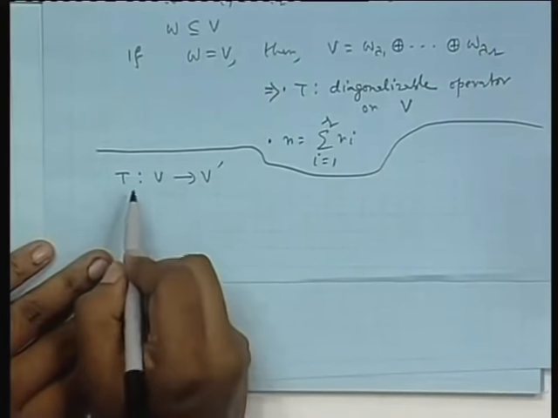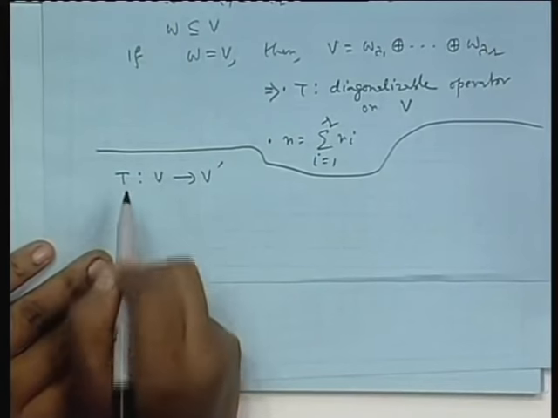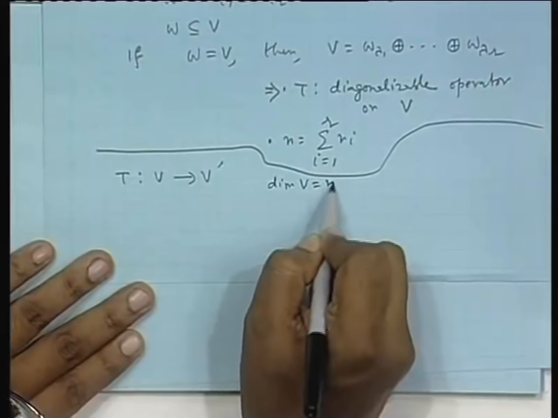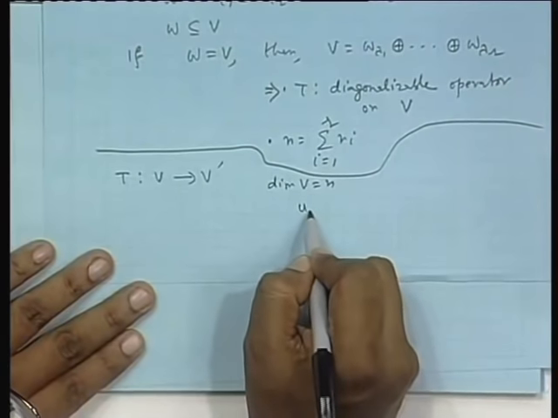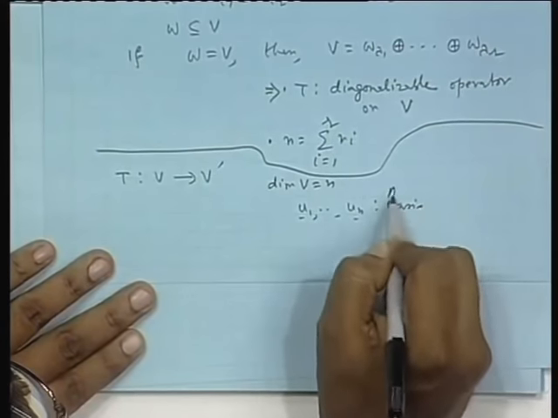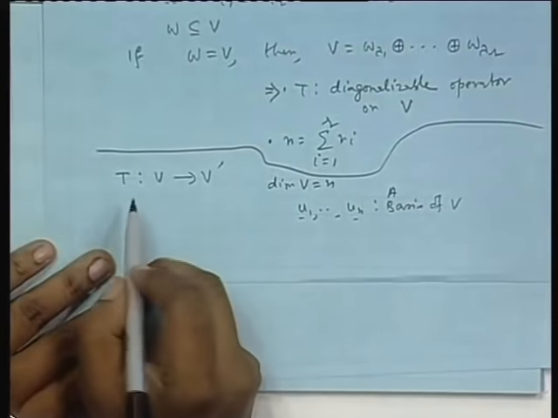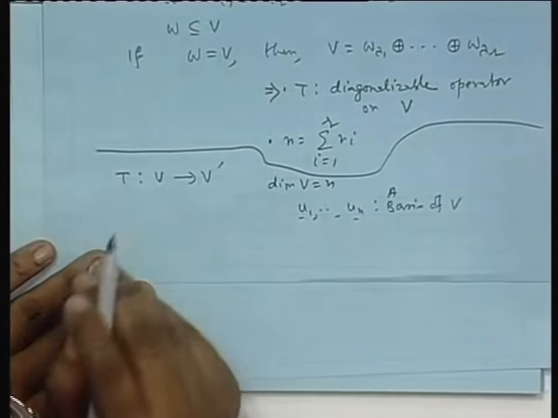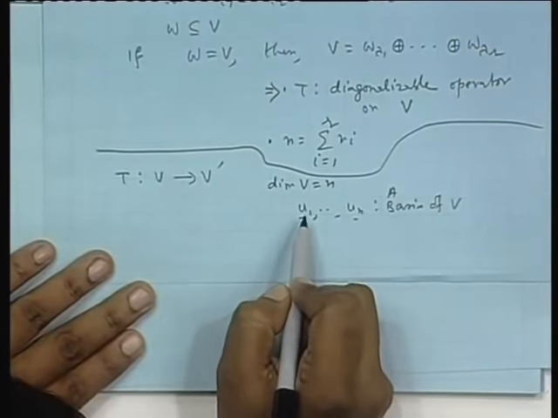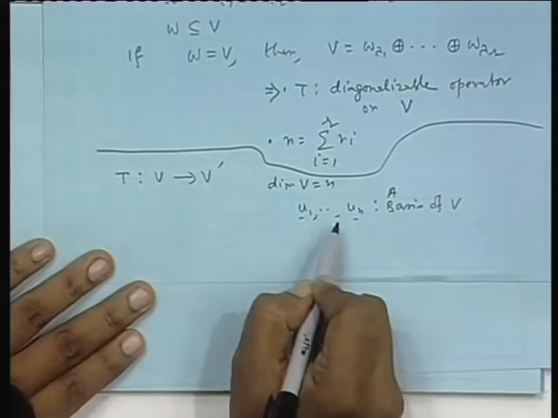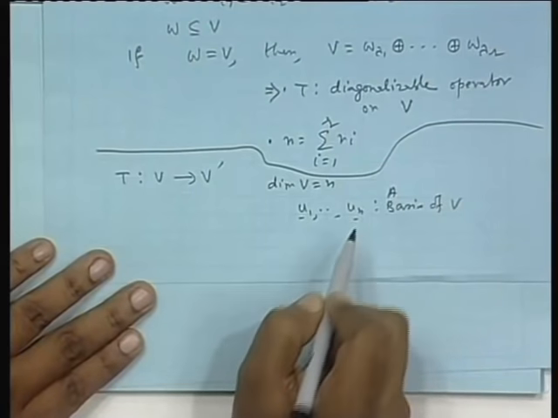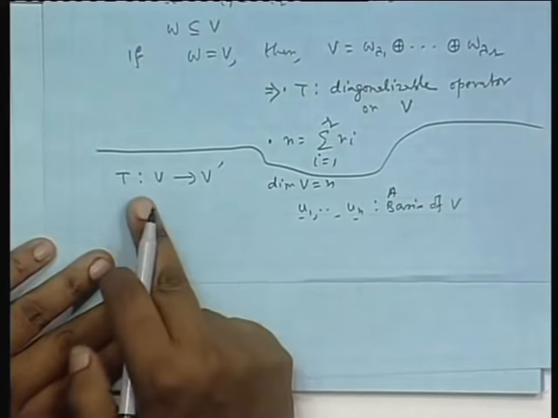Then my claim is T can be defined simply by taking any basis of V. If the dimension of V is n, and you take any basis, say u1 dot dot dot un, of V, then T can be defined perfectly if we give the action of T on each of the basis vectors. That is, if I know T u1, T u2, dot dot dot, T un, mind you, they all belong to V prime, because that is where the vectors from V are mapped to.